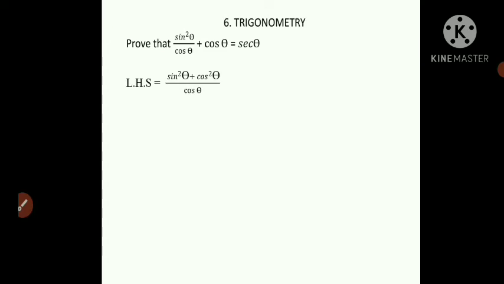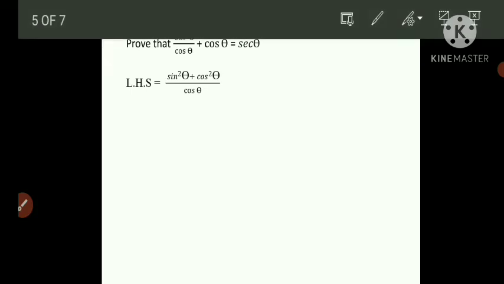So here, for the left hand side, we'll cross multiply. It's like this: sin square theta upon cos theta plus cos theta upon 1. We cannot add this as the denominators are different, so I will cross multiply. Sin square multiplied by 1 will be sin square, plus cos theta into cos theta will be cos square theta, upon cos theta. So we know the identity is sin square theta plus cos square theta is equal to 1.